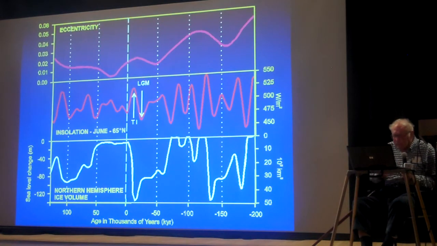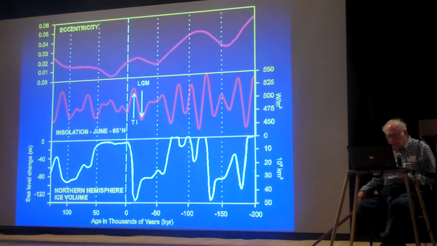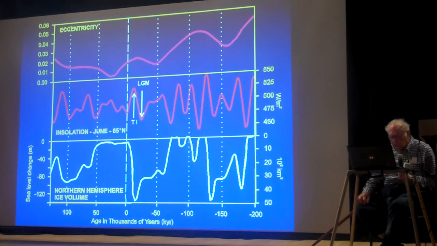Now, where are we? Well, up above it shows you the eccentricity changing through time, the 100,000-year cycles, and you'll notice that you're seeing the end of a 400,000-year cycle, and we're going down to an almost circular orbit 6,000 years in the future.